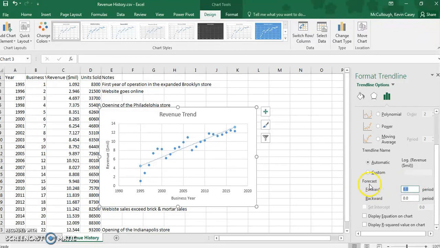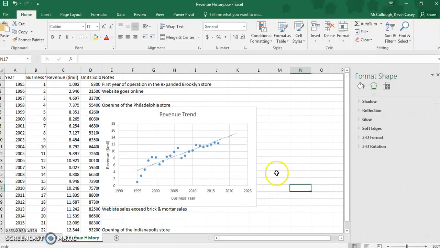Periods in this case means years, and we just put 5 there. And then we see that the line continues 5 years beyond our last data point.